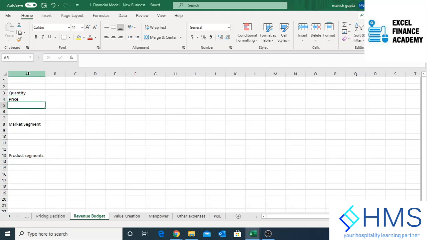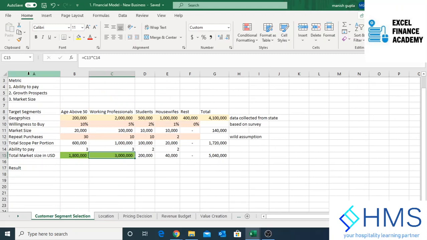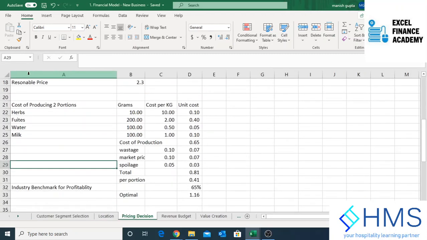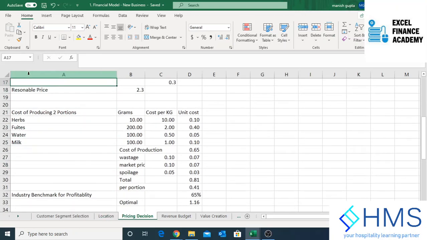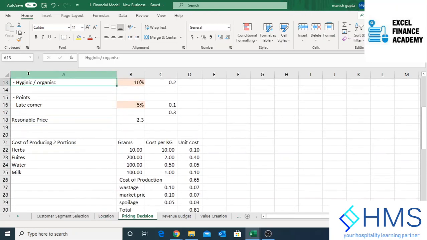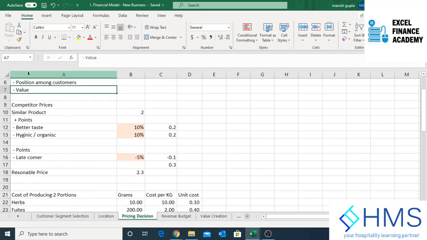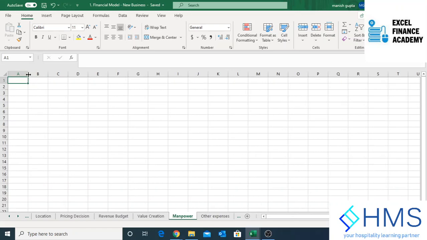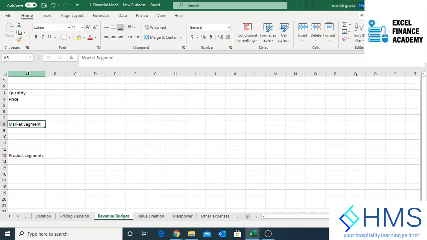So in our example, we have done the pricing of only one thing, which is the juice, the herbal drink that we were trying to sell. So let's do this one first. So product we have only one, herbal immunity booster.